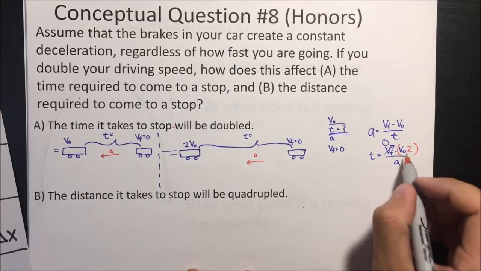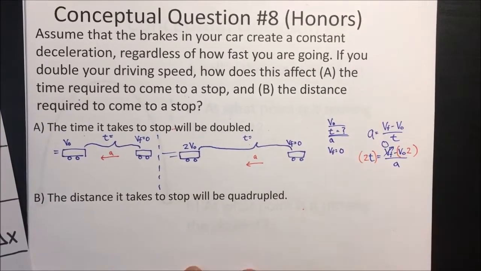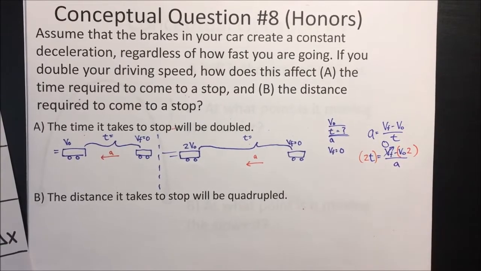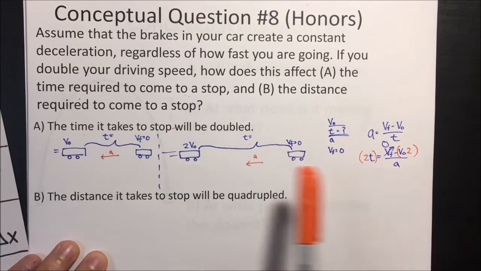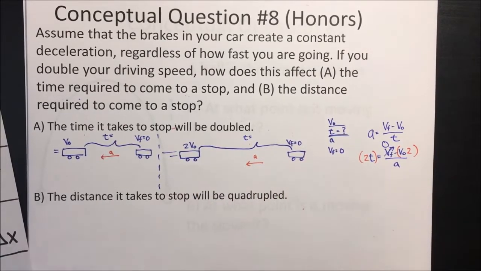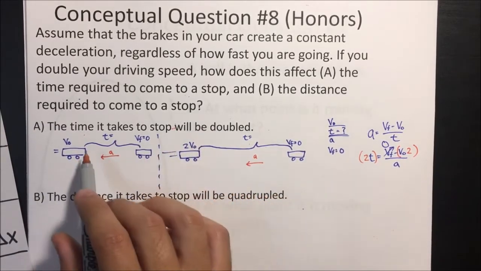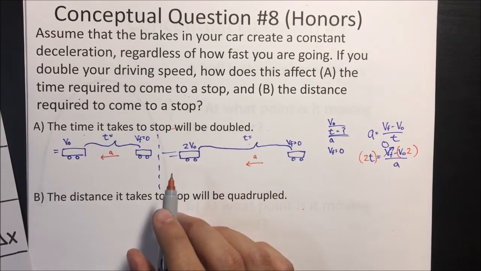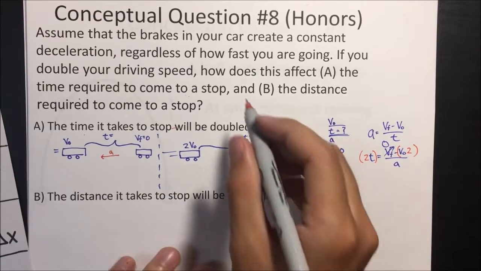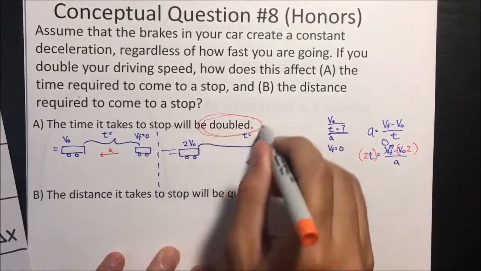So the time here also has to change by a factor of 2. So if it's going twice as fast, it's going to take twice as long to stop. So the time it takes to stop will be doubled. Sorry, I thought this was the answer. Okay, so the time it takes to stop will be doubled. That's the correct answer.